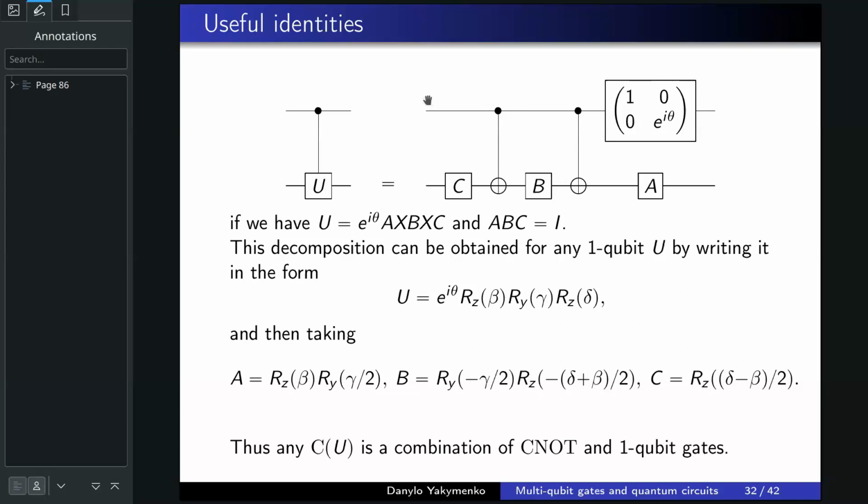So this circuit looks harder, but it actually contains simpler elements: just C0 gates and one qubit gates. So we can say that it is conceptually simpler, because the elements are simpler, and this element is harder.